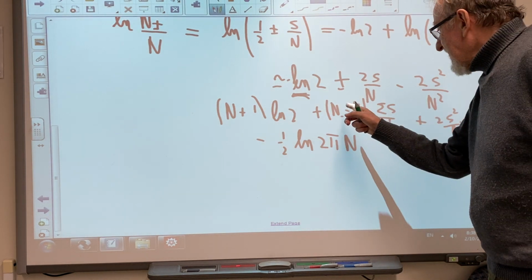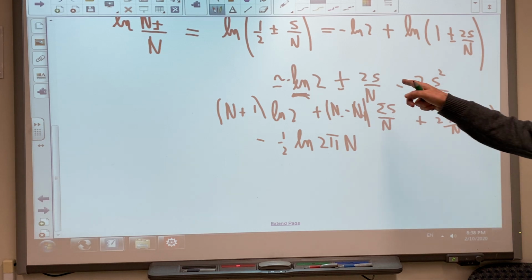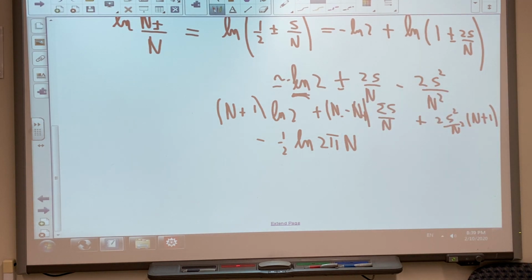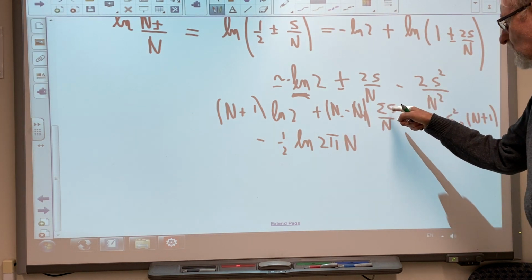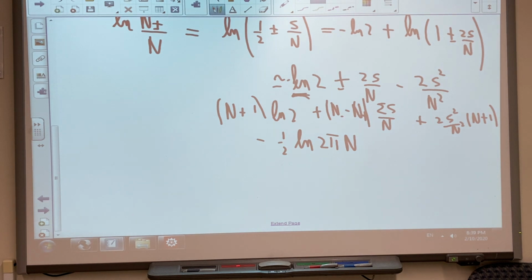First of all, what is n minus minus n plus? This is minus 2s. Remember, n plus minus n minus was 2s. So I have minus 2s times 2s, I have minus 4s squared over n. And here I have 2s squared over n. Okay, this first term, well, I am doing the approximation.